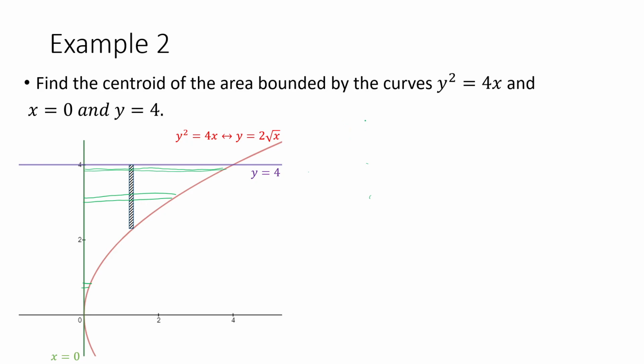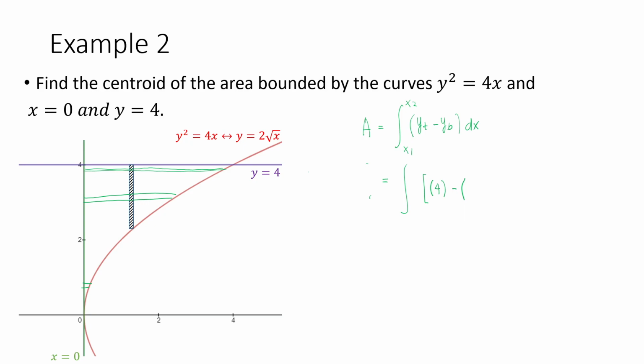So again, solving first for the area using the vertical strip. This should be y top minus y bottom dx from x1 to x2. So the formula would be, y top is the purple graph, that would be 4, minus the bottom part, which is y squared equals 4x, and then rearranging it to become y only.